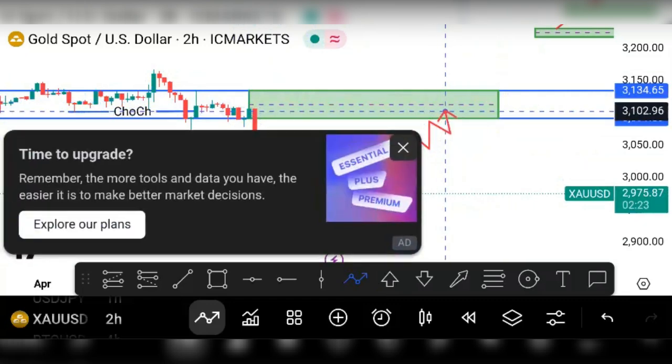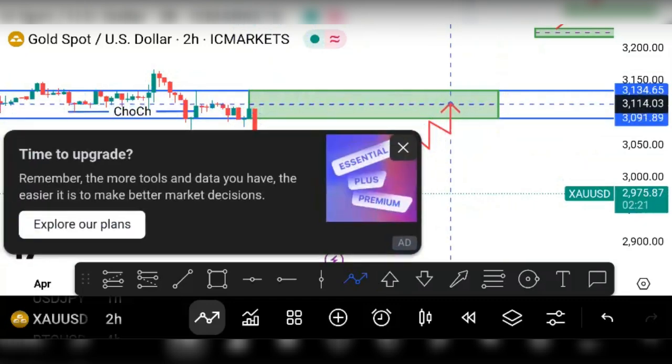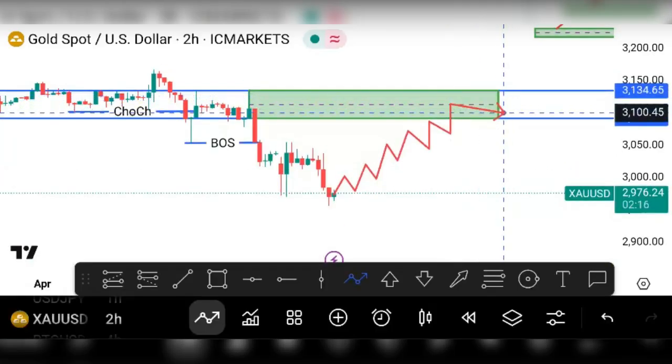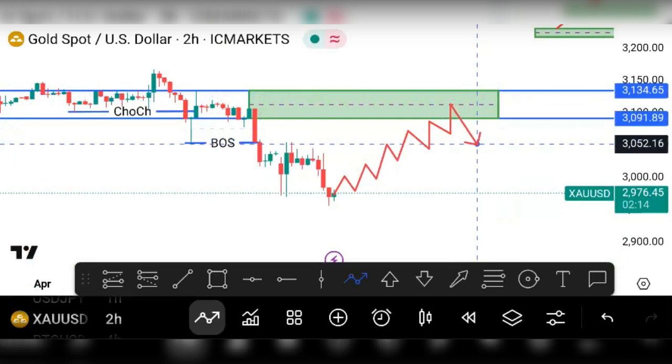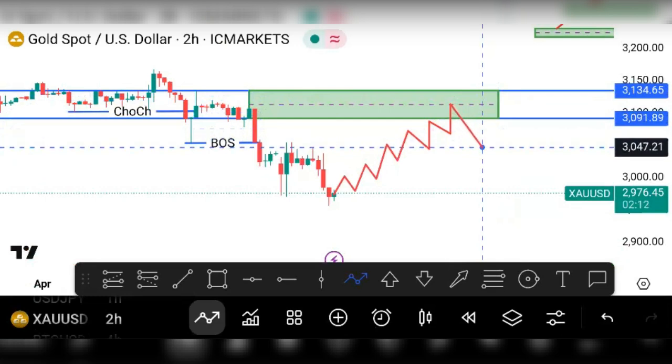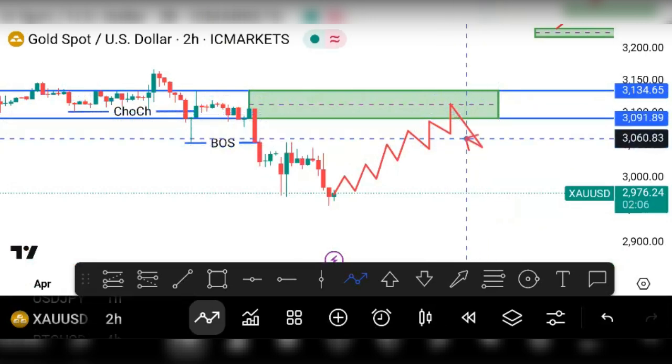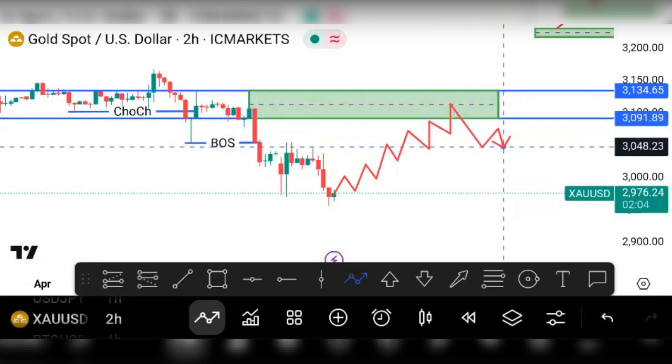If you are not patient enough, you have to see the price on that lower time frame making a correction. You have to see a change of character. You see, price was making higher highs, higher lows, and then price broke this recent low, giving us a change of character. You have to see price do that and see price what? Begin to sell.